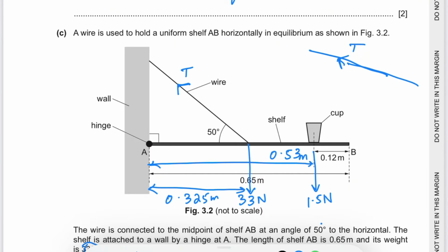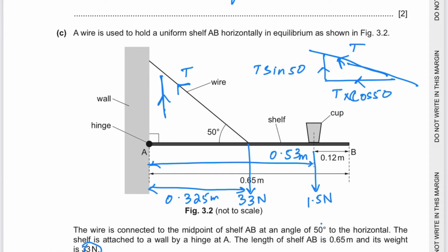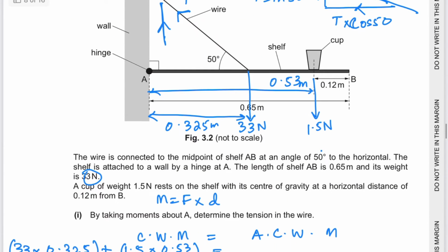So the horizontal component would be T times cosine 50, and the vertical component would be T times sine 50. And the anti-clockwise moment, as you can see, acts upwards. That means the tension in the wire will result in an anti-clockwise moment. The moment due to this will be equal to the sum of clockwise moments.